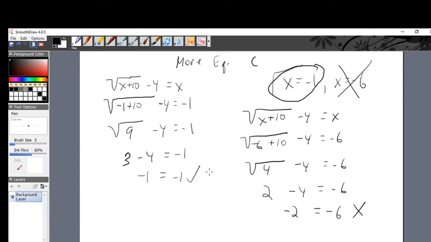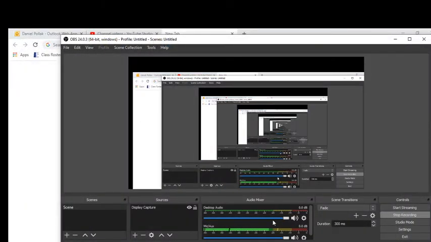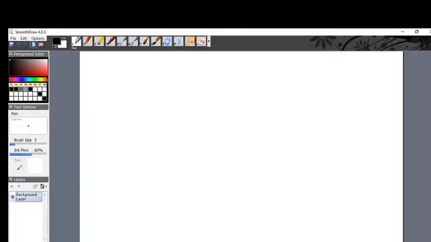Okay, let's go to another problem, another one of these harder equations. For that, I want to take a clean piece of paper and put the new equation on it. I'll call this problem number 1.